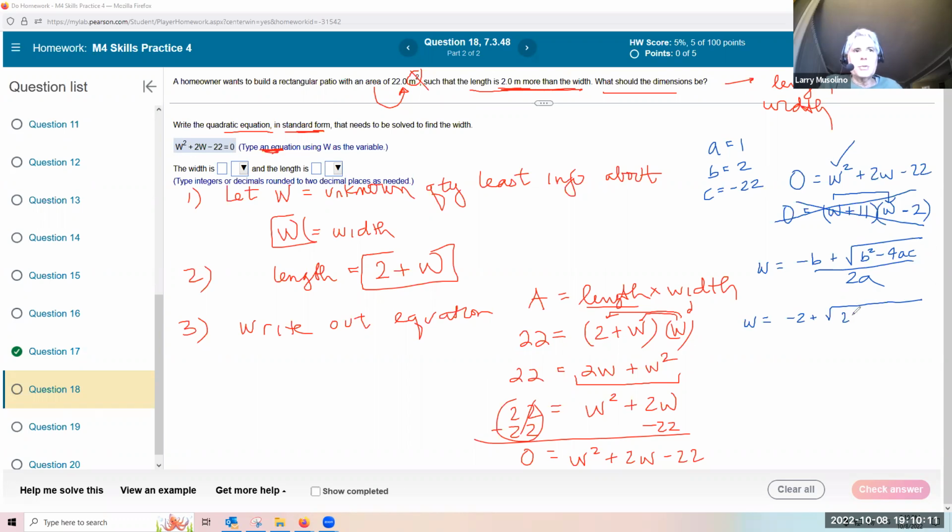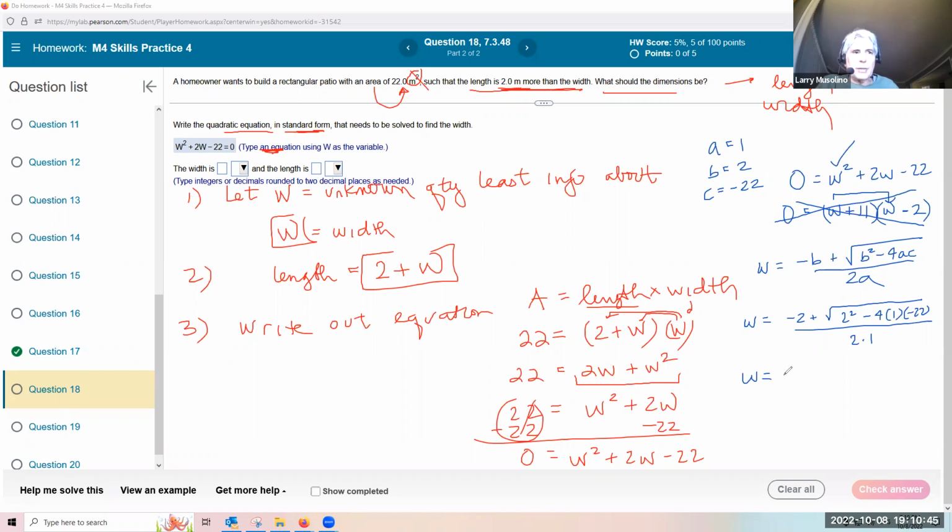That's going to be 2 squared minus 4 times 1 times negative 22, all over 2a, that's going to be 2 times 1. I'm going to work this out on my calculator.